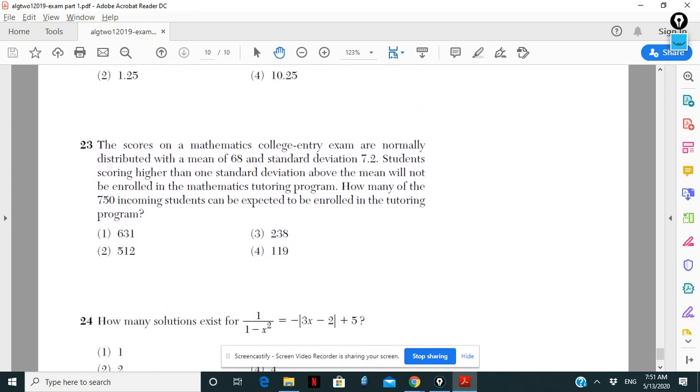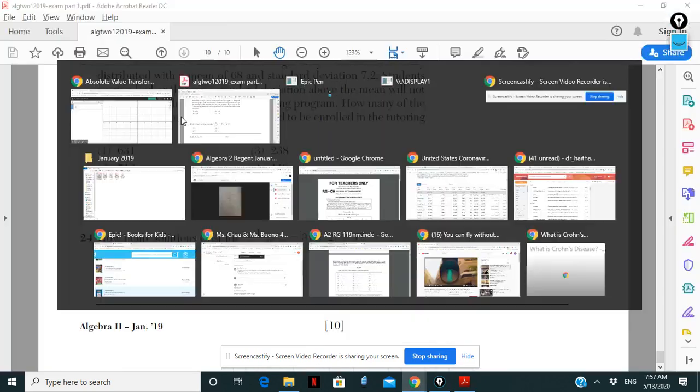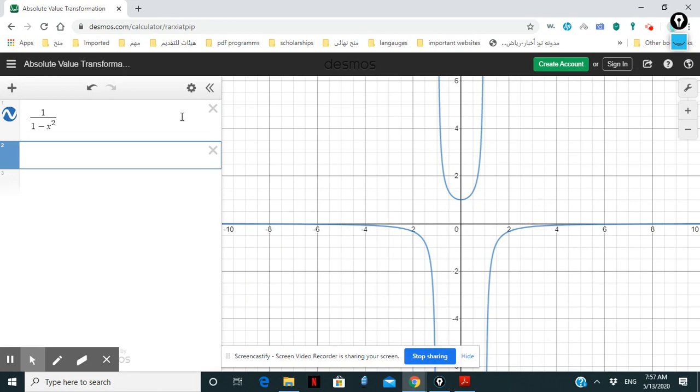Question number 24. How many solutions exist for that system of equations? Y equals 1 minus x to the power 2. So I'm going to use the graphing calculator.